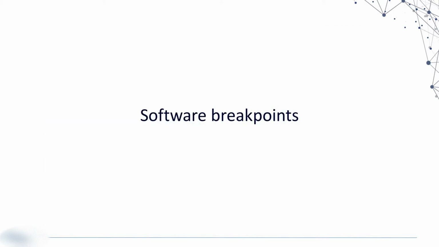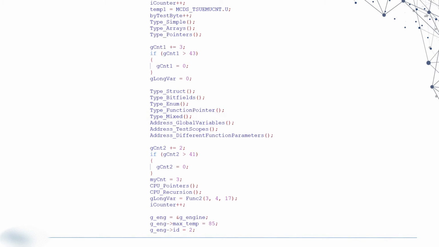To work around this limitation, we can use the software breakpoint method. In this case, when we set a breakpoint at an instruction, that instruction is replaced by a special instruction that stops the CPU. Once the CPU stops, the instruction is replaced with the original instruction so that execution can continue later on.